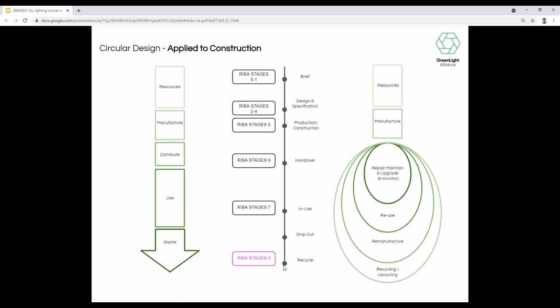What that involves is them literally going into buildings before they do refurbishments or fit outs or projects, and assessing what components can be reused, remanufactured or retrieved, and then feeding that back into their brief. And that's a great innovation. Lighting is one of the last things into the building and the first things out. It could really be a key component within that, and we could lead the way, or help lead the way, through these discussions with them.